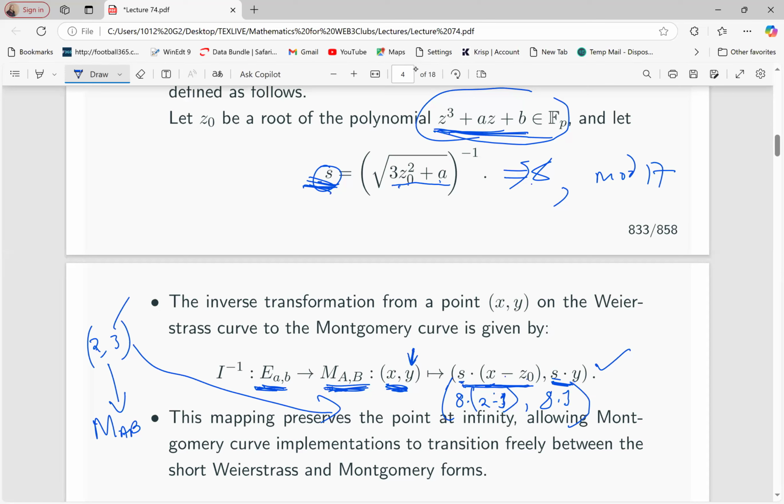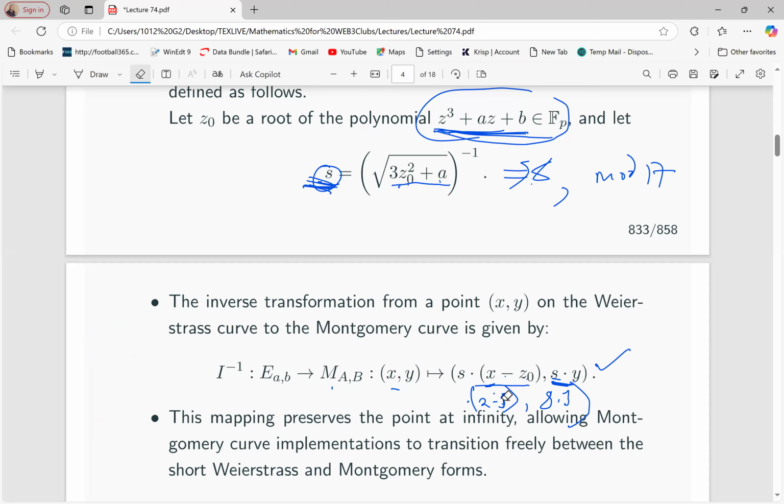Of course, you will reduce everything mod 17, and that gives you the coordinate that this is mapped to on the Montgomery curve. So those are the steps we'll be using, so that if you're given a point on the short Weierstrass, you can always get the point on the Montgomery that it will be mapped to.